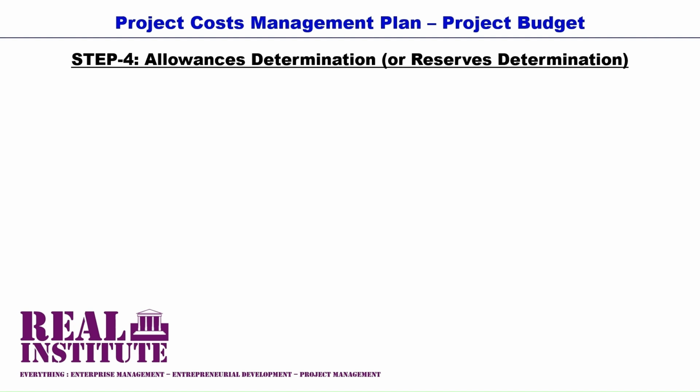These permissible allowances are only granted for contingency purposes or for provision purposes. As a result, they are also referred to as contingency reserves.